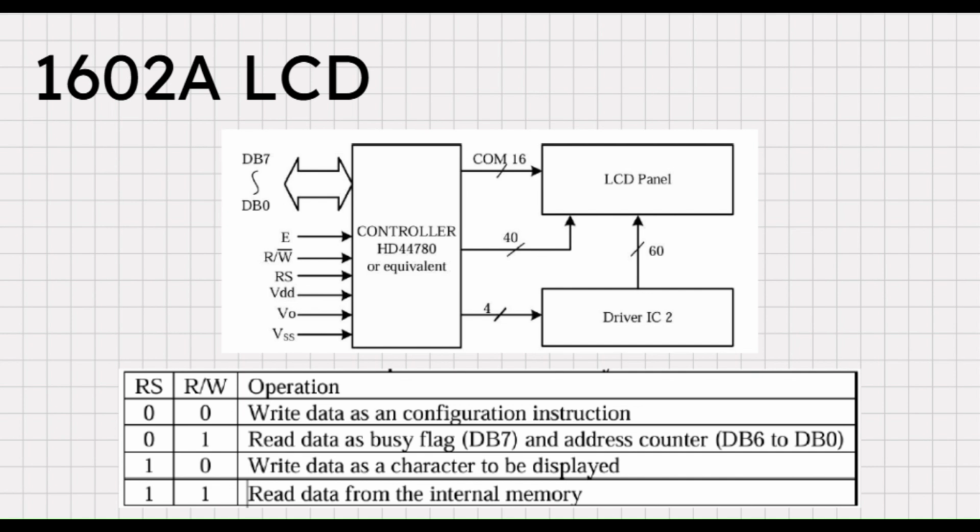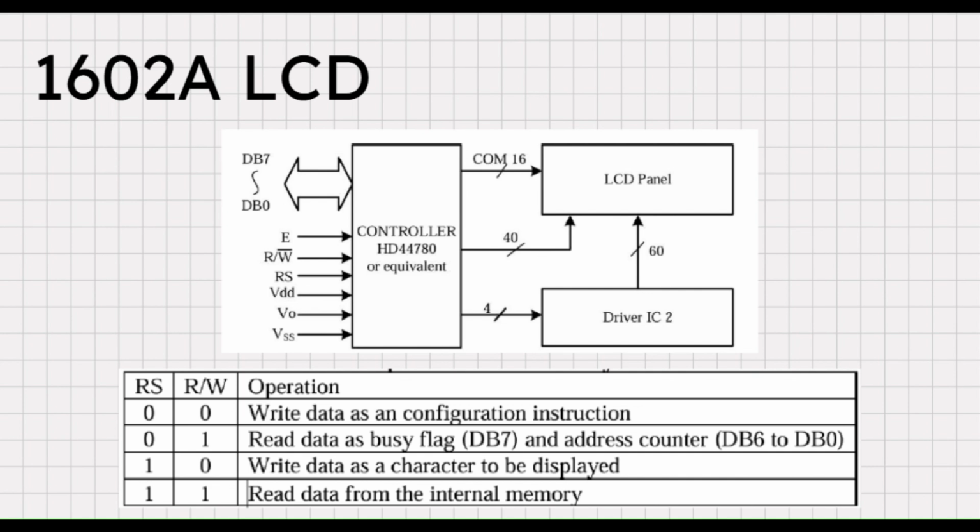The next thing to understand is RS and RW. RS stands for register select, and its value determines whether the input is a command or a character. Meanwhile, RW stands for read write. Its value decides whether the read or the write operation will be used.